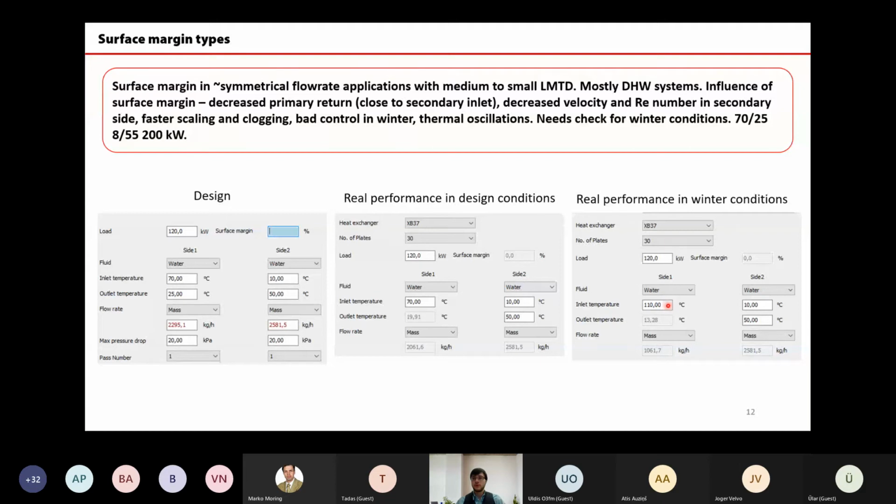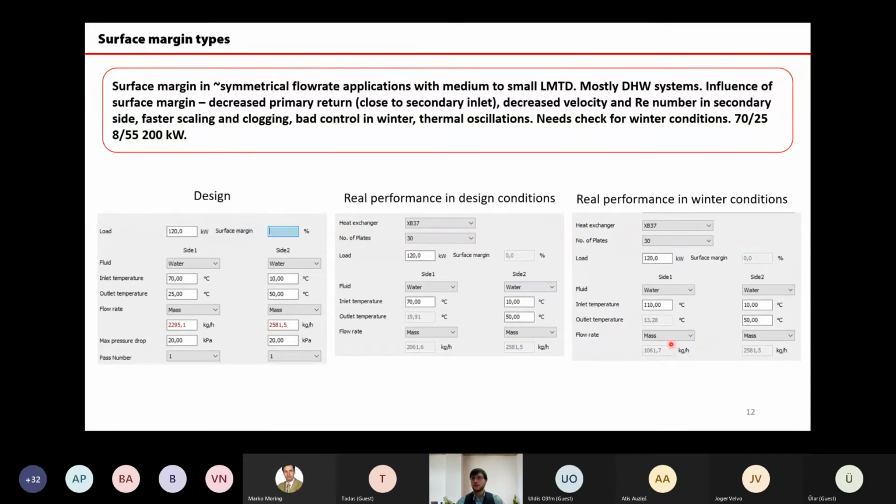That creates the effect of doubling the surface margin straight away. And then this doubled surface margin creates effects of course, overcooling the primary side. Look, my temperature on the primary is getting really close to my secondary side inlet. Yeah, that's what we already saw in the effects of surface margin type 1 with the floor heating.